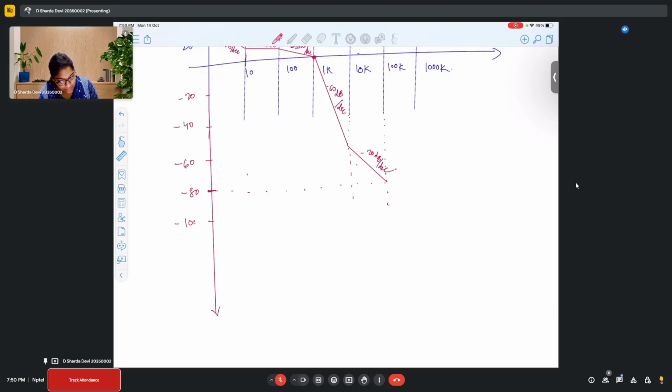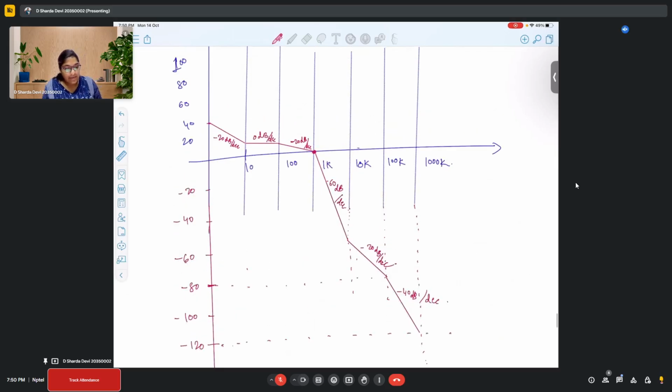So it is minus 100, minus 120. So until it reaches this point, here the slope becomes minus 40 dB per decade.